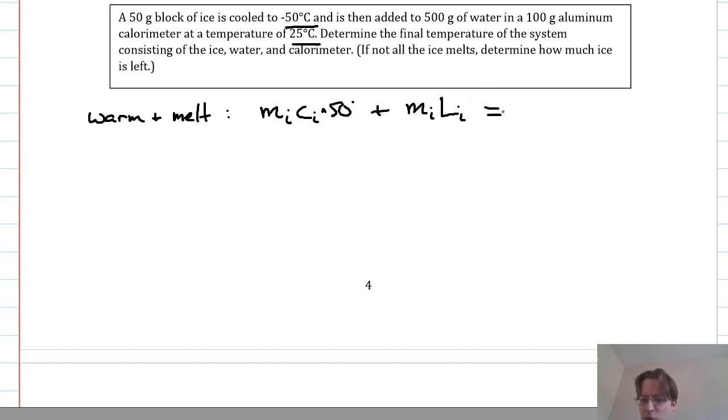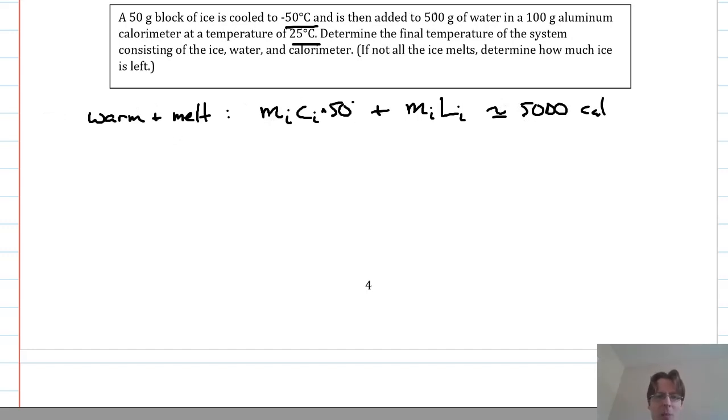That comes out to a total of approximately 5,200-something calories. To warm and melt the ice would take that much.